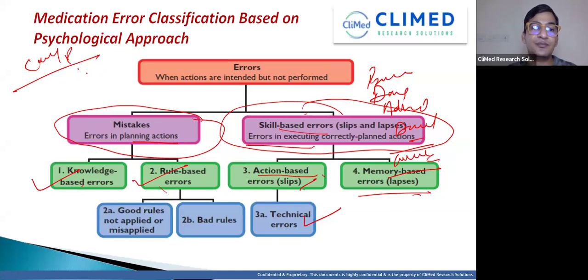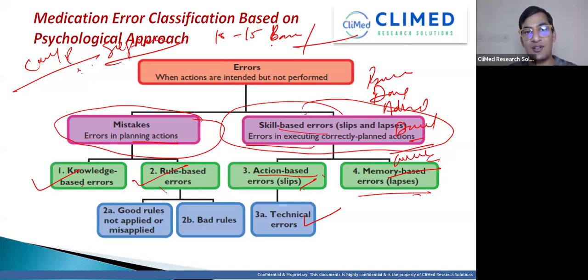Suppose the high end antibiotic, like gentamicin and all, or there are sulbactam, or tazobactam and all. These injections are given for the sepsis, right? But what usually happens is there are 10 to 15 good brands and bad brands. 10 to 15 brands are there for the injection.